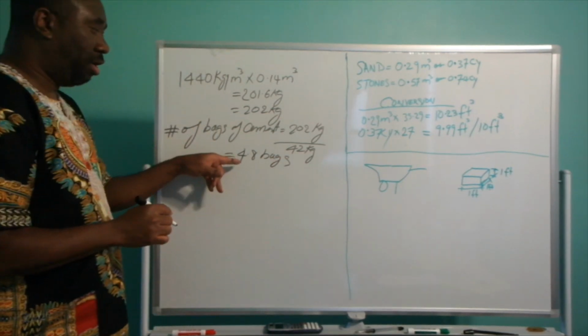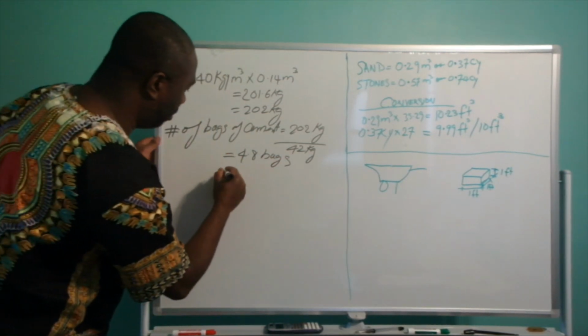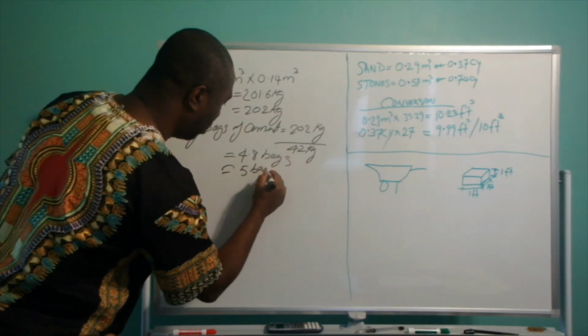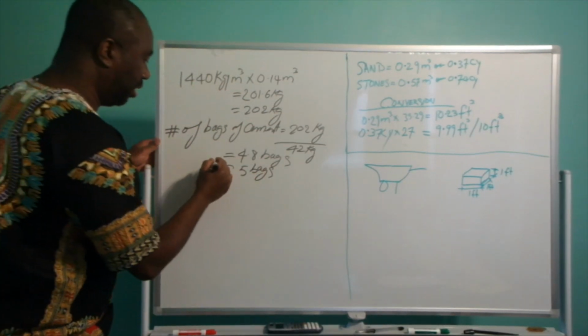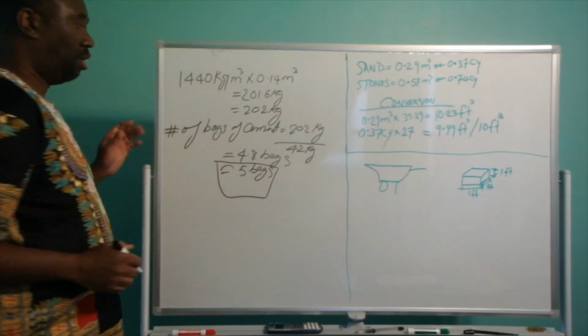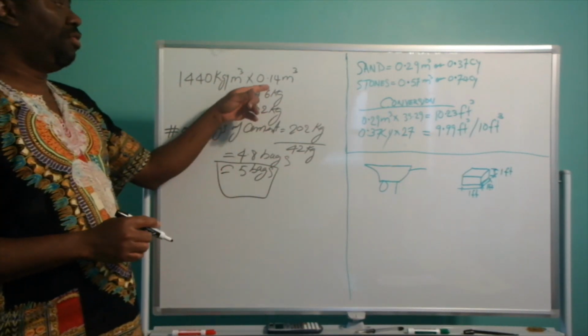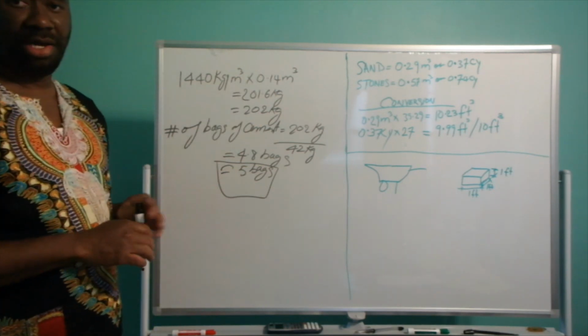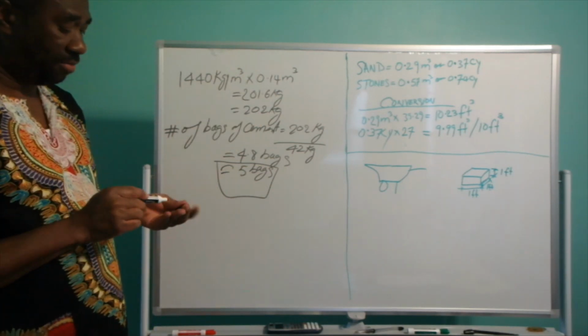And we rounded up this 4.8 to become 5 bags of cement. So that's how we know that 0.14 meter cube is equivalent to 5 bags of cement.